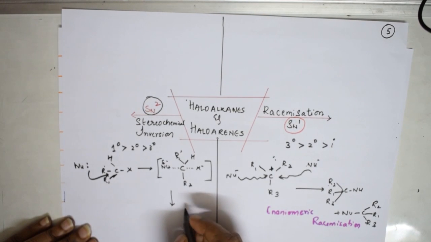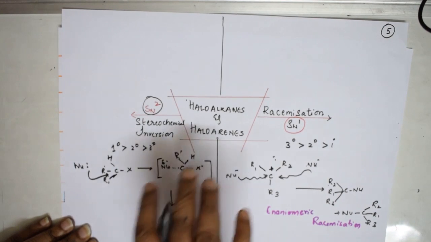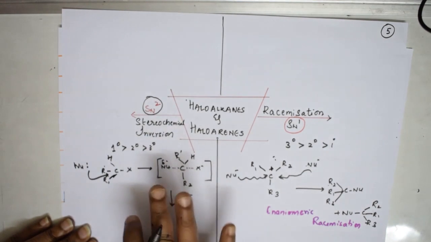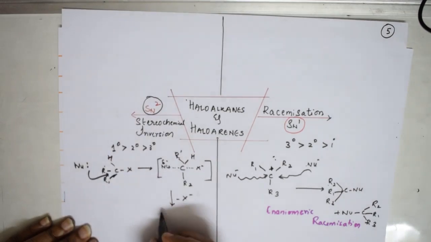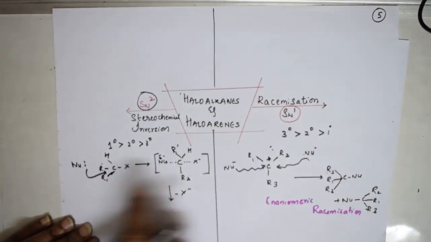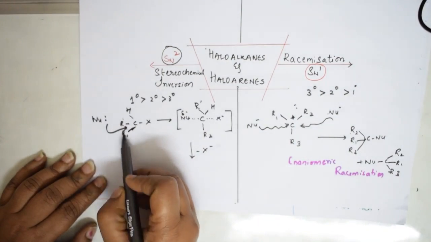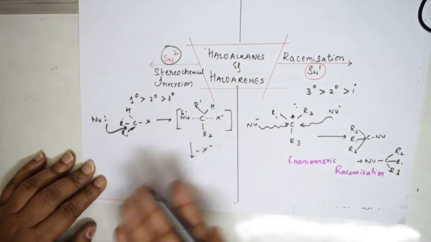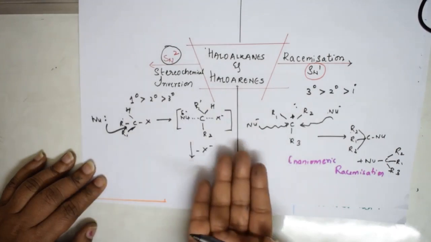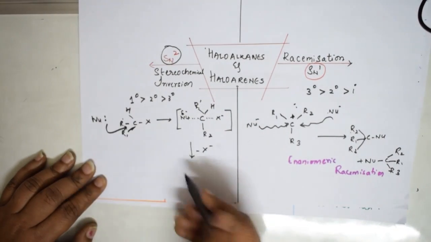Further, there is more removal of this X minus. What do you get? Immediately there is an inversion, just like an umbrella, it inverts in the configuration. Earlier H and both the alkyl groups and the halogen were on this side. Now it will invert in the configuration in this way, just like an umbrella.